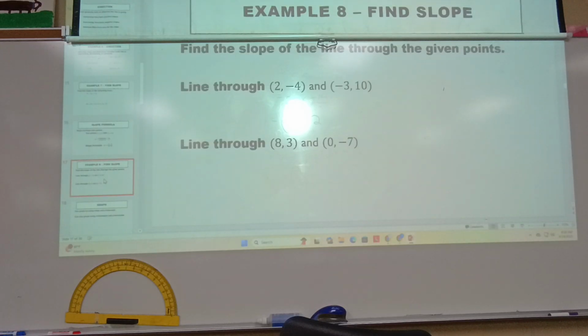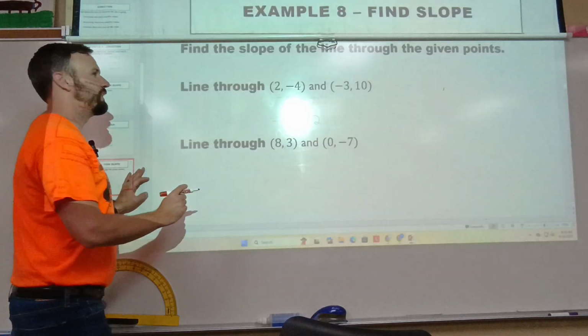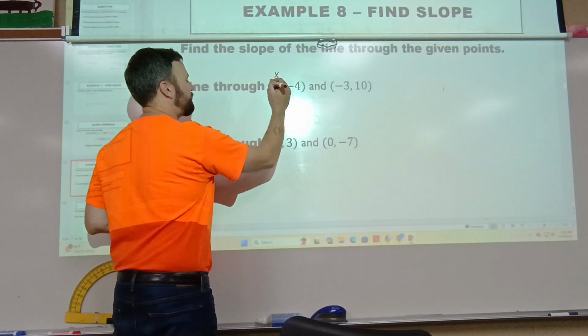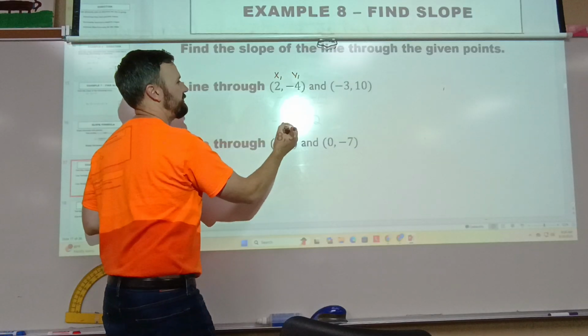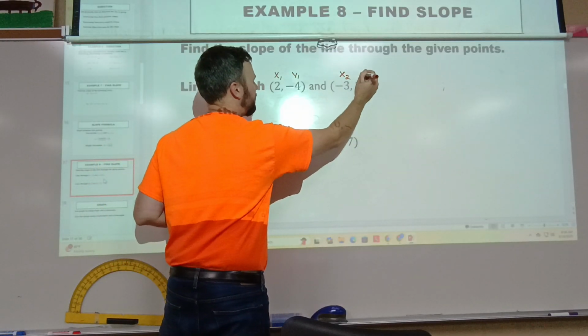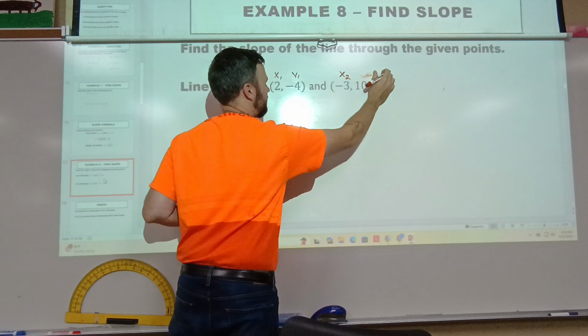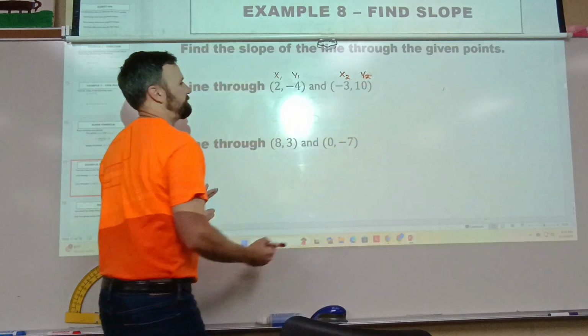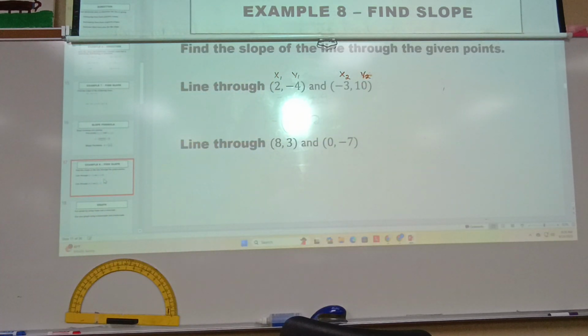In fact, I think we did this, but we'll do another example for funsies. You guys have been doing a nice job. This shows up on the homework as well, so let's just have one at the ready to make our life easier. Sound good? All right, so given the points 2, -4 and -3, 10, find the slope between those 2 points.